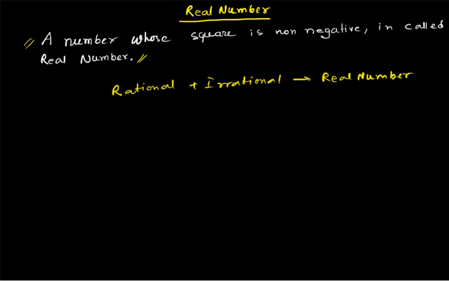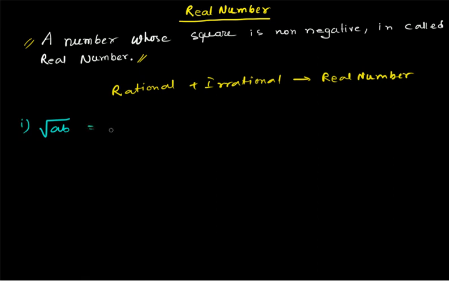Under real numbers, we have few questions, and mostly those are related to rationalization. So we will be talking about that. Say under root AB, that's the first thing we are learning right now.